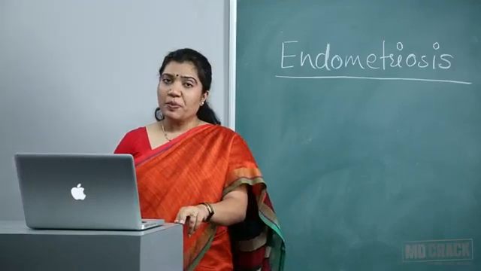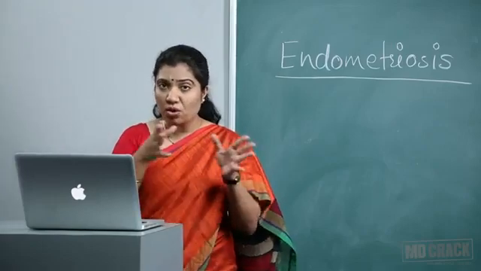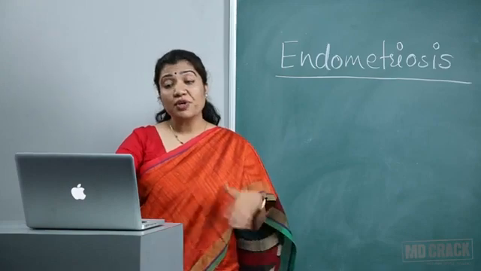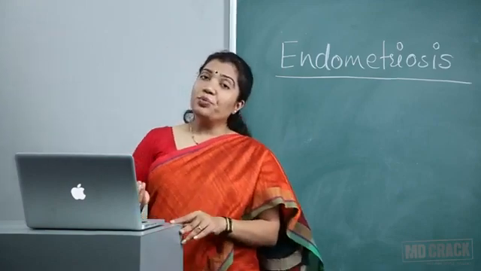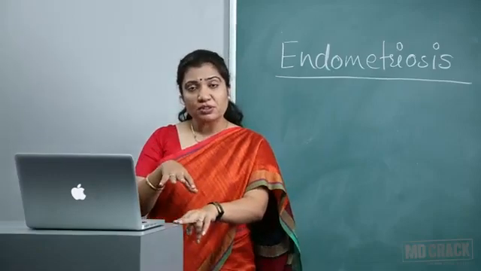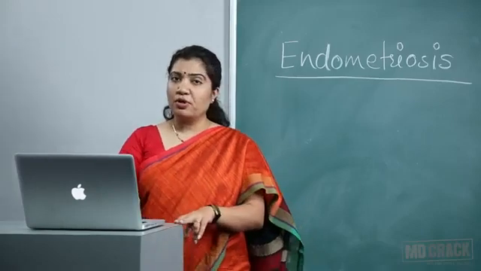Even scars are not spared by endometriosis. Hysterectomy scar, myomectomy scar on the uterus, episiotomy scar, classical cesarean section scar, ventrofixation, fallopian tube operations, operations for pelvic endometriosis, all these scars can be places for endometriosis.